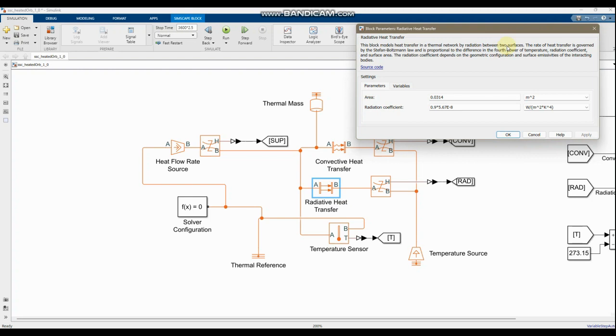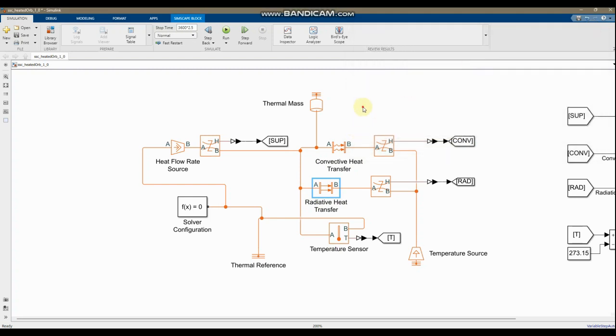The issue being that you won't be able to specify one coefficient for absorption and another for emission, which is what you would see in real life. This is kind of an issue over here, but we'll have to deal with it. This is another limitation that you have to keep in mind when you use these tools for advanced thermal systems modeling.